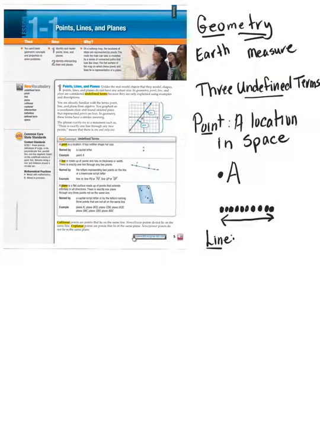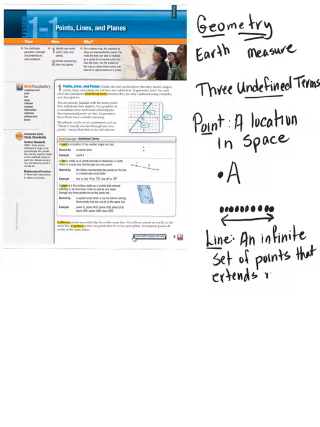A line is an infinite set of points that extends infinitely in opposite directions.